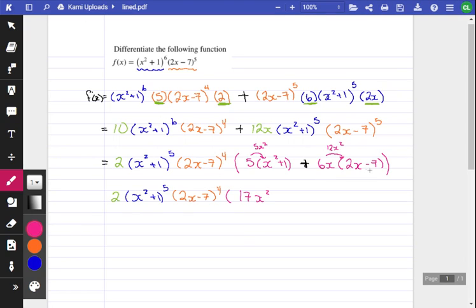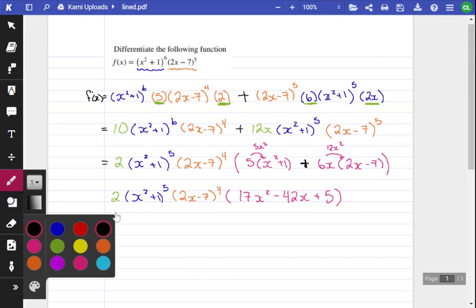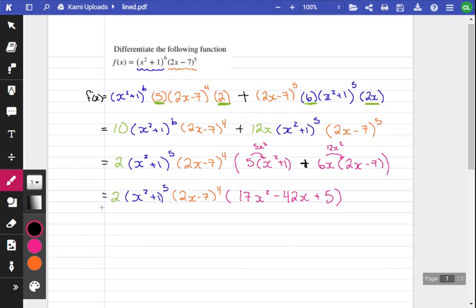I have a 6x times a negative 7, so I have negative 42x. And on this side, I have a plus 5. And there we have it. That is our completely simplified derivative of (x squared plus 1) to the power of 6 times (2x minus 7) to the power of 5.